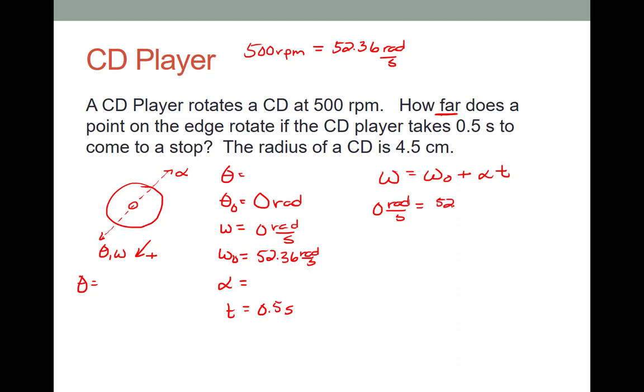Initial angular velocity is 52.36 radians per second, plus alpha times half a second. Solving gives that the angular acceleration is negative 104.72 radians per second squared. And it is negative as expected because it should point in the opposite direction of the initial velocity, given that this is slowing down.